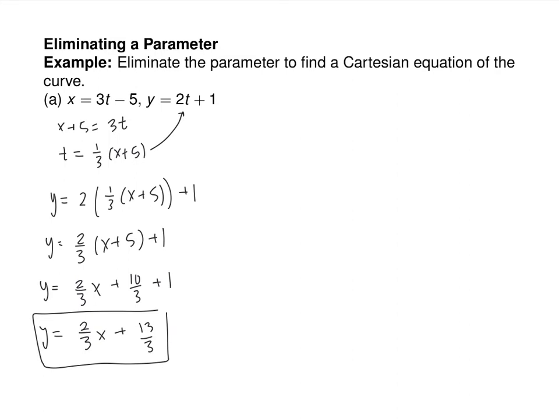So this set of parametric equations represents a line. And there appear to be no restrictions given, neither implied nor explicitly.